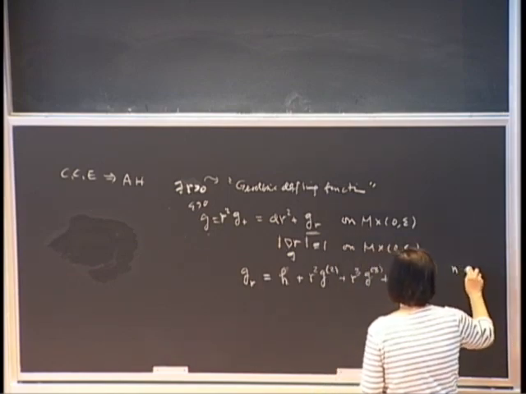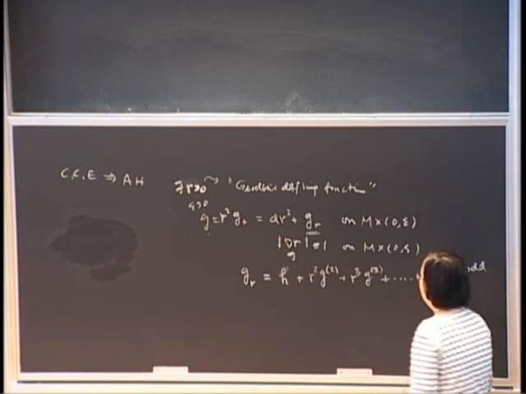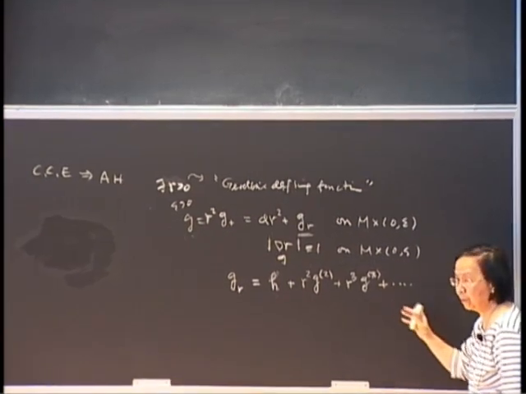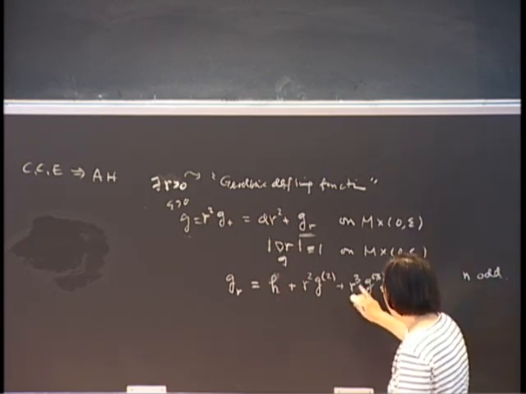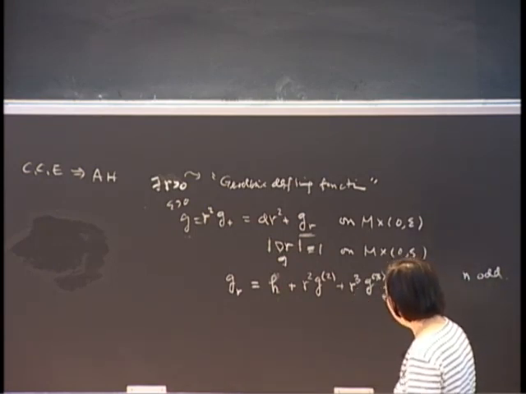Say n is odd. When n is even, a log term appears. So let's say this one. For my purpose, I only care about the G3 coefficient.